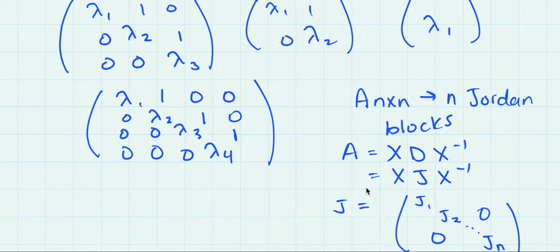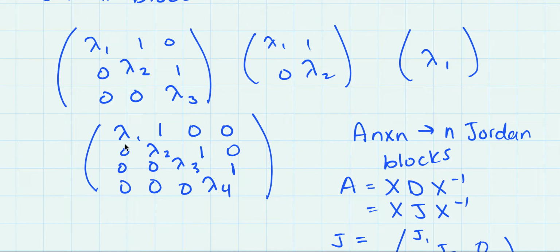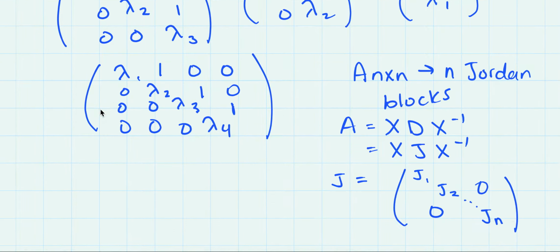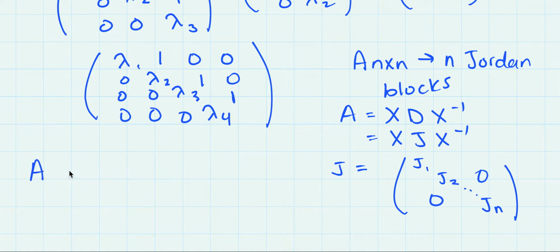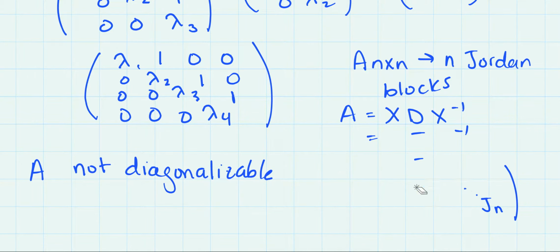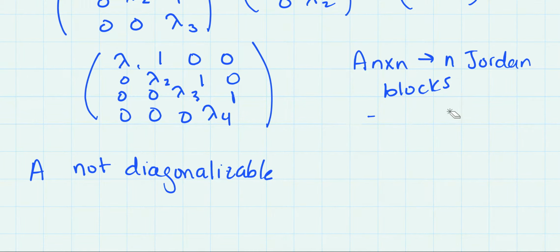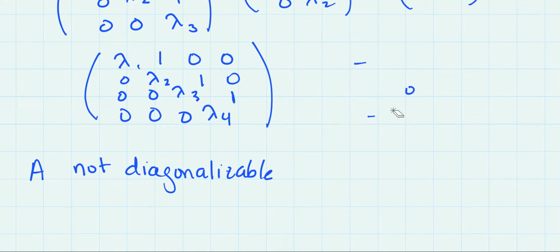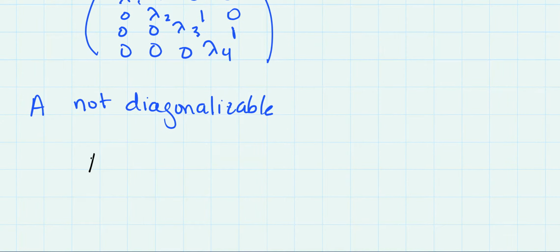Now if a matrix is not diagonalizable, of course you can have a 5 by 5 Jordan block and so on, but it's going to have multiples of these types of blocks. So if the matrix A is not diagonalizable, what it's going to look like is something like this.